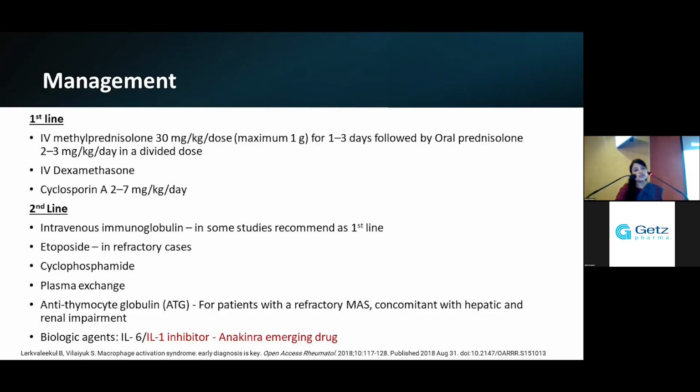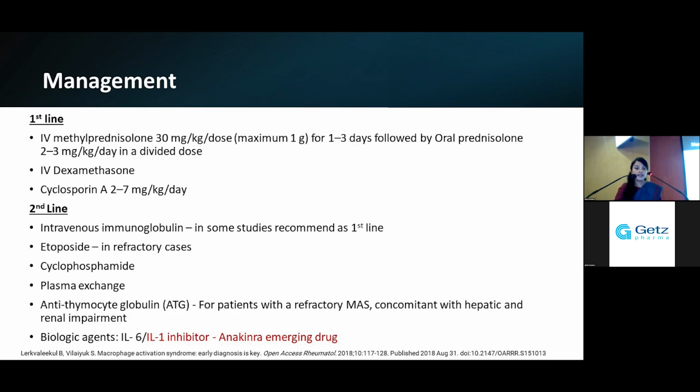Moving on to the management, the first line therapy is IV methylprednisolone, followed by oral prednisolone. IV dexamethasone is considered in some case reports, and cyclosporine is also considered first line following the IV methylprednisolone pulse.